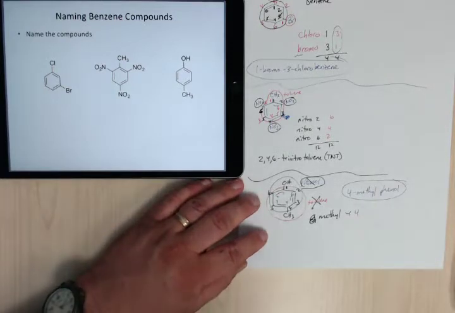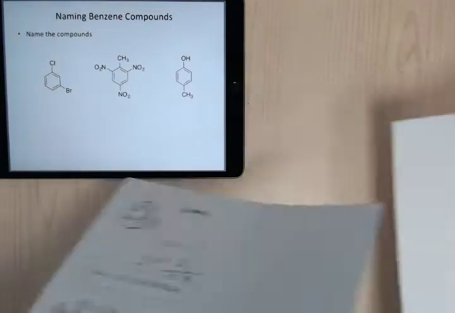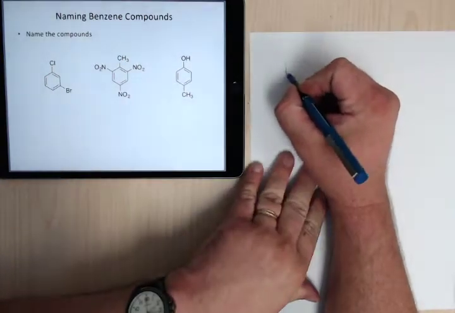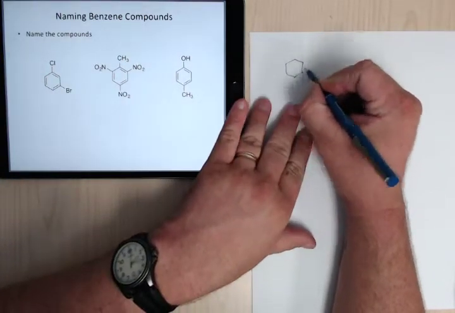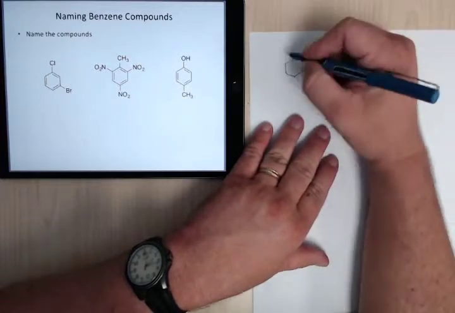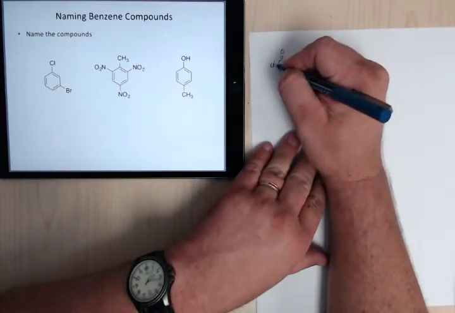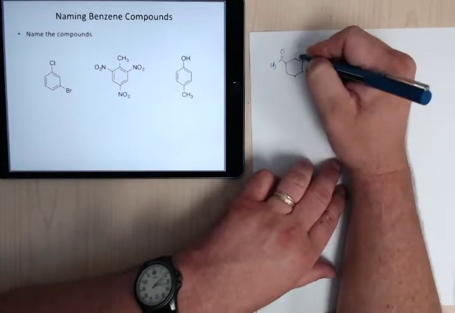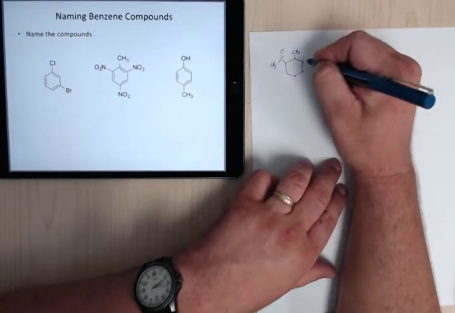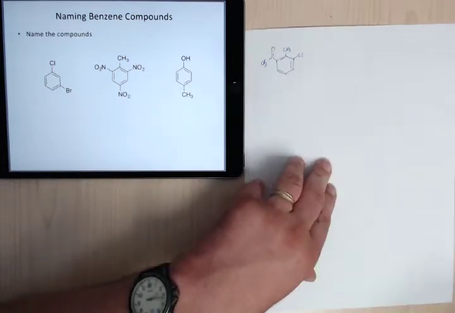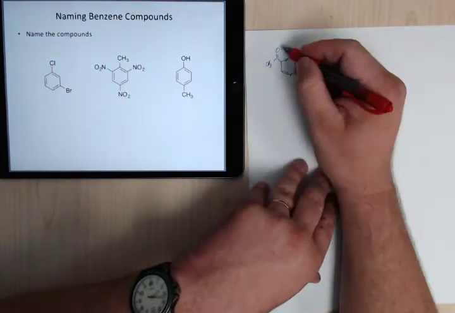Now, if instead what we had is, say, I don't know, let's do this one. Again, we're going to have 2 base structures.